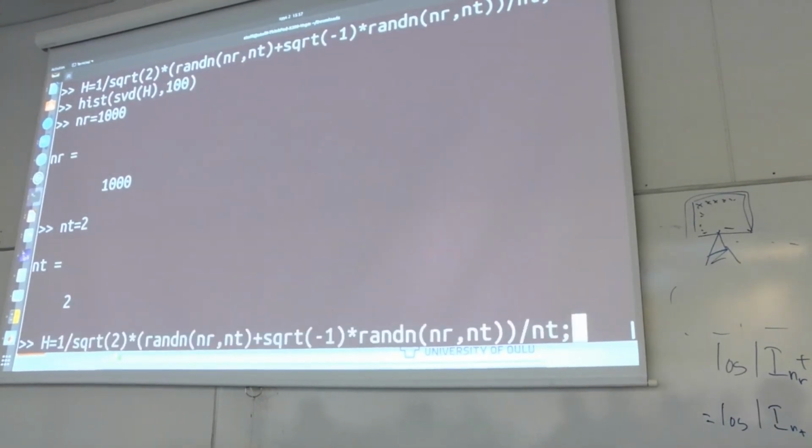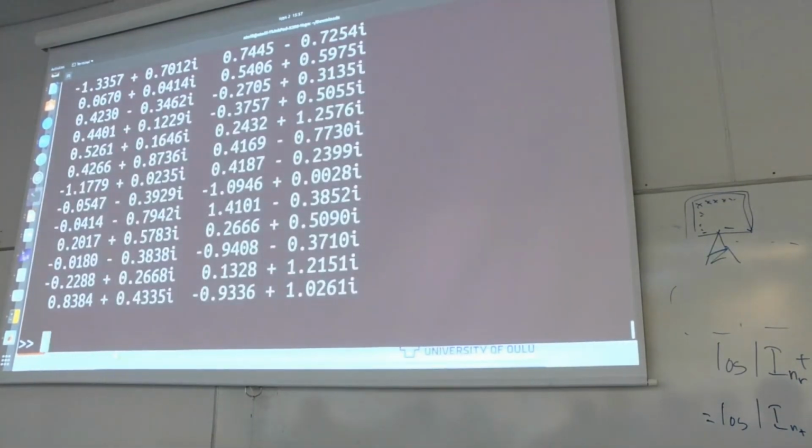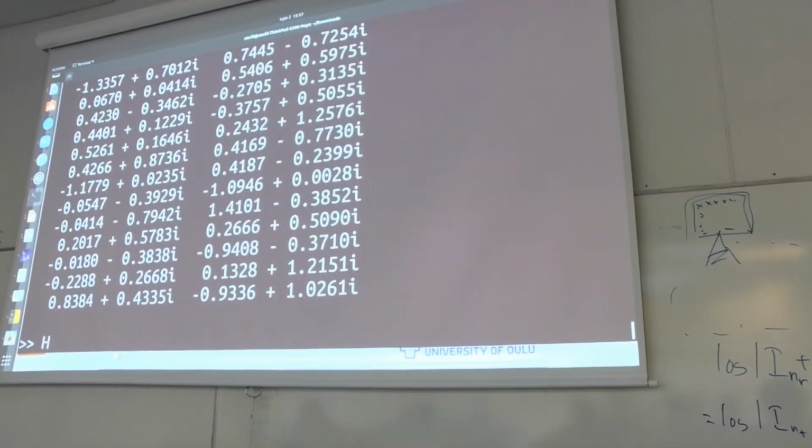Then we generate the H. And then we look at H Hermitian times H divided by N_R.